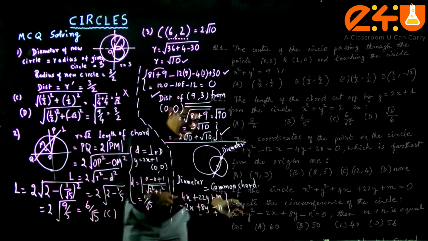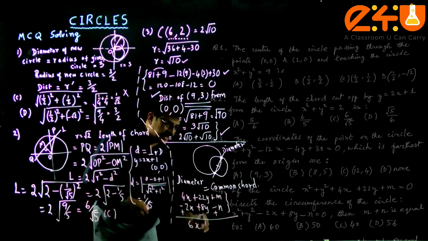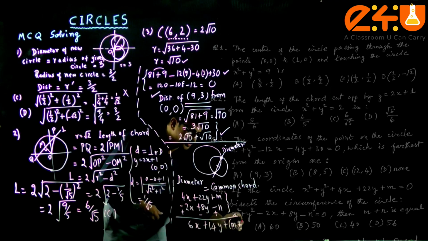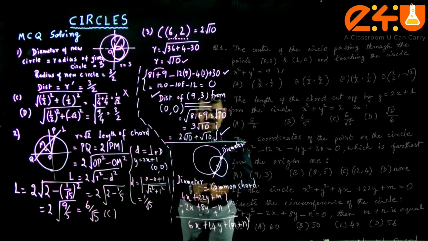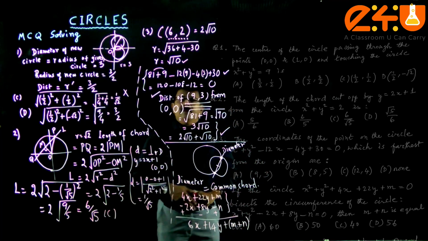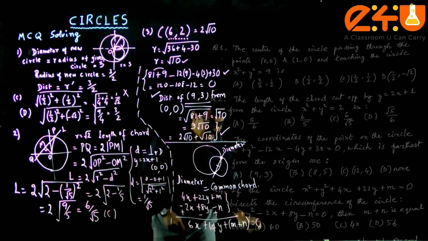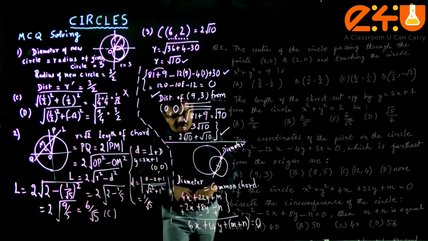So what do you get actually? We get an interesting equation: positive 6x plus 14y plus the desired terms m plus n. Is it not? So by subtracting you get the equation of a straight line. This is the equation of the common chord, or so-called diameter.